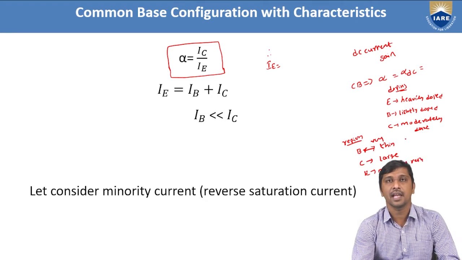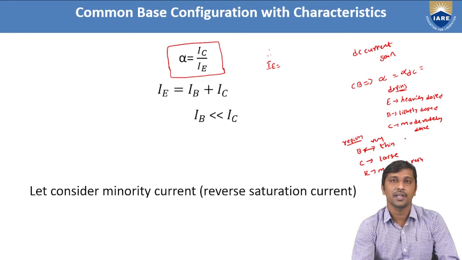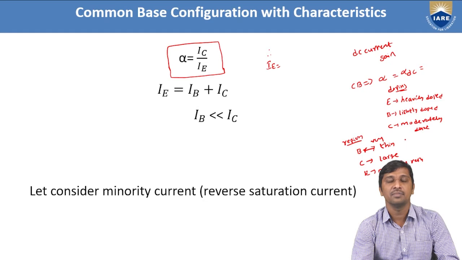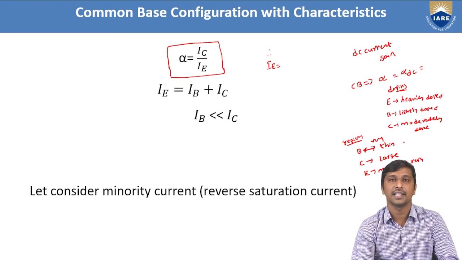Due to these widths and doping levels, whatever charge carriers are emitted by the emitter diffuse towards the base and the collector. Very small amount of the charge carriers constitute the base current, and all the remaining charge carriers constitute the collector current.